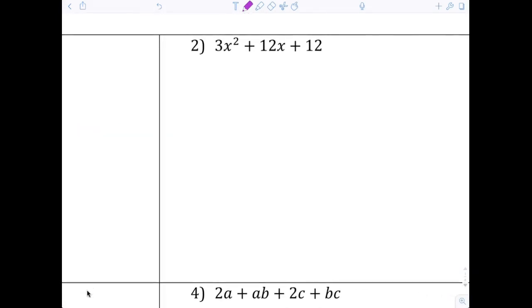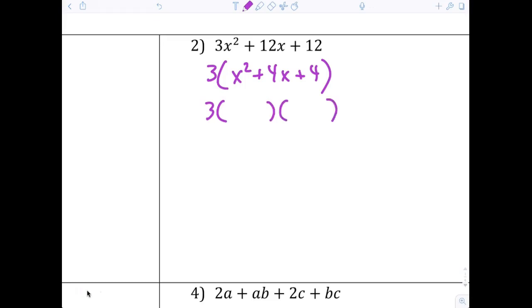GCF. What is the GCF for number 2? Go ahead, Michael. 3. So you're pulling out a 3. What's left behind? An x squared plus 4x plus 4. Beautiful. Now again, you're factoring the x squared plus 4x plus 4.